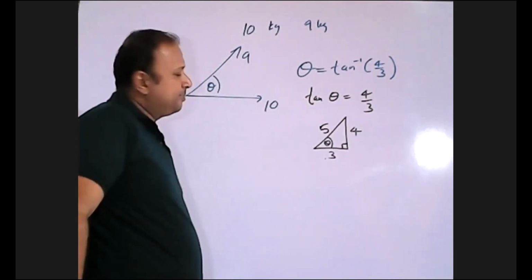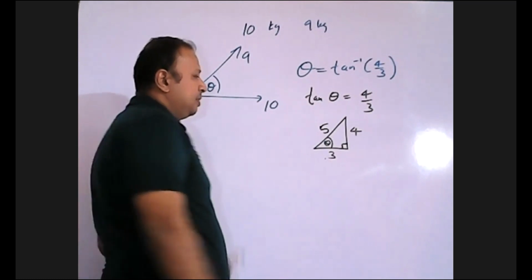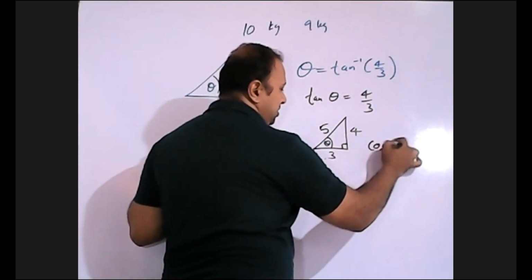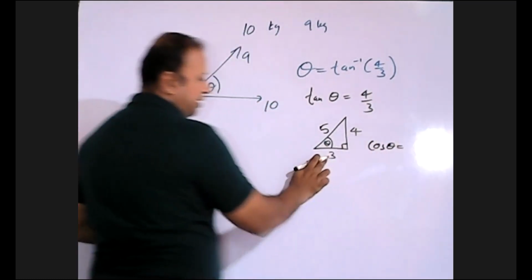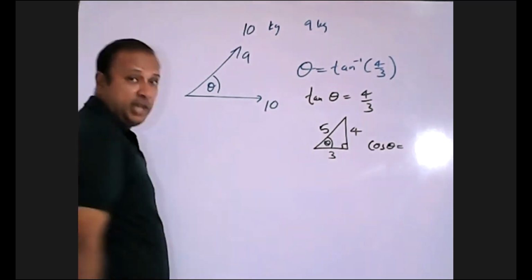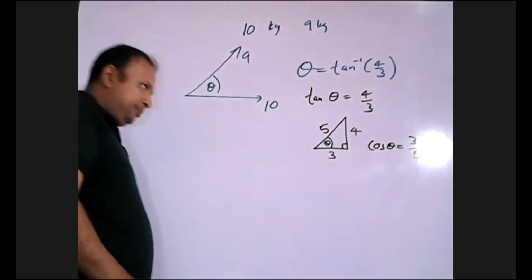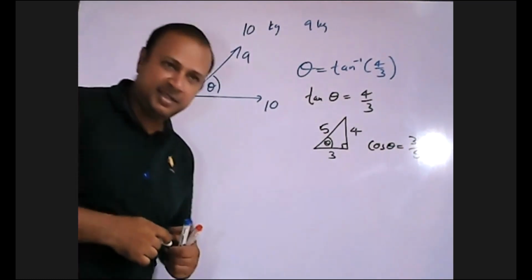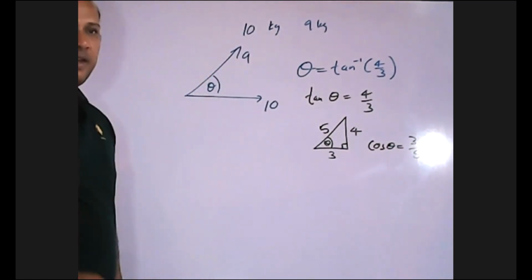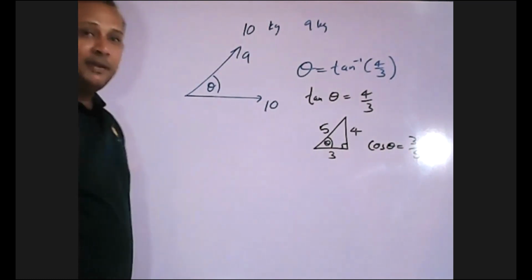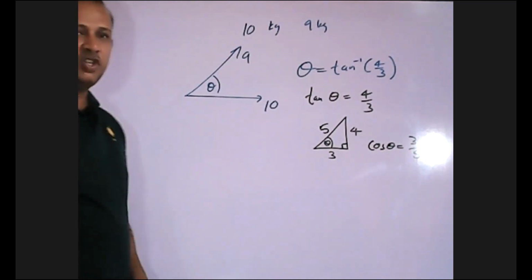Hypotenuse is 5, so you can calculate cos theta. Cos theta is equal to the adjacent side over the hypotenuse. Adjacent side is 3, the hypotenuse is 5. So now you can apply them into the equation.